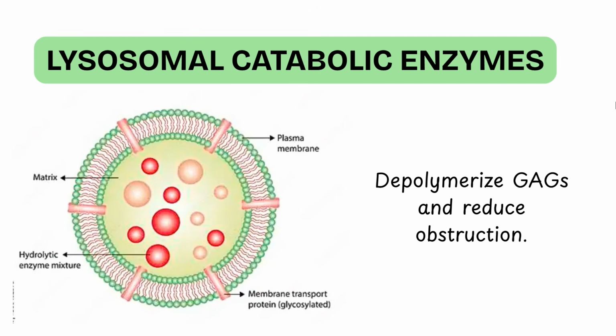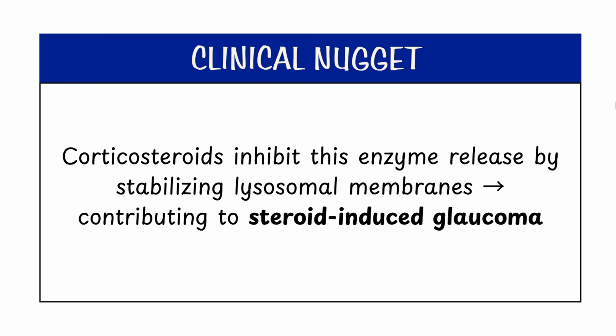increased obstruction or resistance. Now, we do have lysosomes present within the trabecular meshwork, and an important property of lysosomes is that they have hydrolytic enzymes within them, which can depolymerize these glycosaminoglycans and reduce the obstruction in the trabecular meshwork. And this is a normal mechanism.